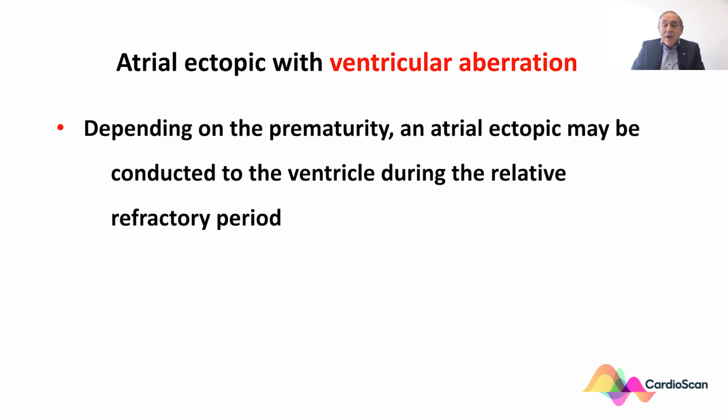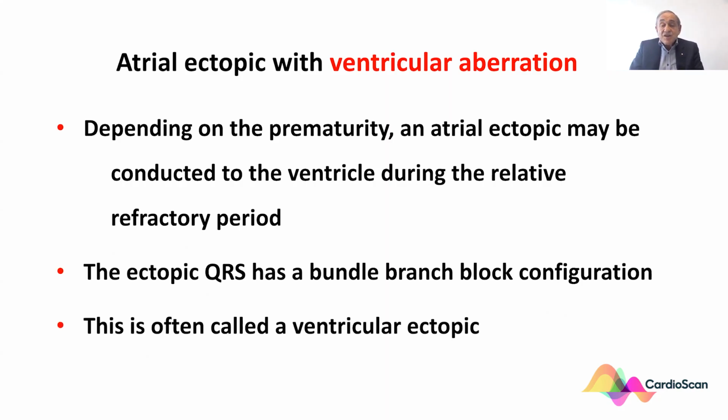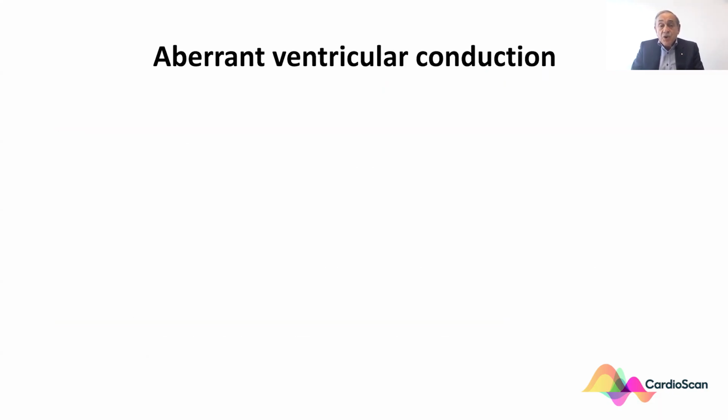Depending on the prematurity, an atrial ectopic may be conducted to the ventricle during the relative refractory period, and I'll explain that in detail later. The ectopic QRS has a bundle branch block configuration, and this is often called a ventricular ectopic. Why does it occur?